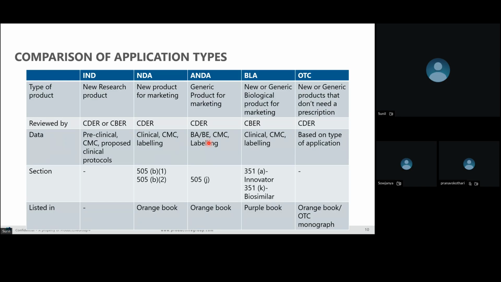And the report has to be according to ICH E6 requirements. The ICH E6 provides the format for how a clinical trial report should be prepared. So the clinical trial report as well as the BAB study report has to be according to the ICH E6 guideline.